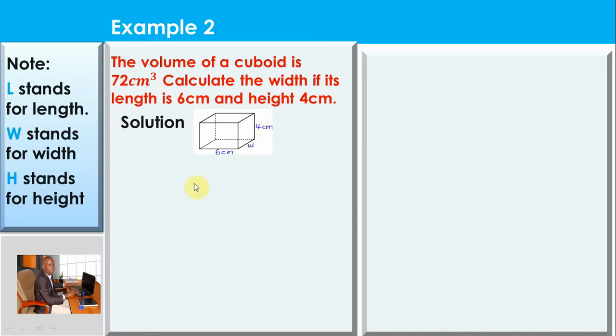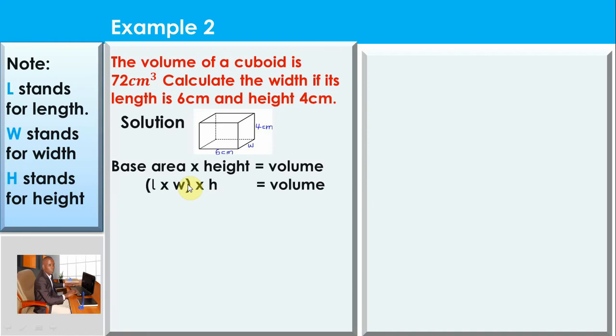So here we shall have base area times height gives us the volume. Now the base area is in the form of a rectangle. That means we shall say length times width and multiply by height. That gives us the volume. Now let us go to the level of substitution.